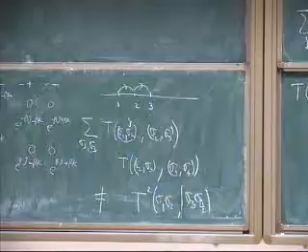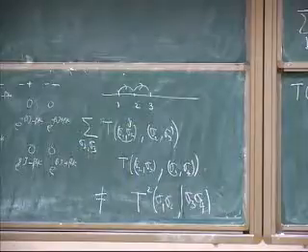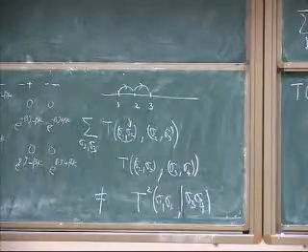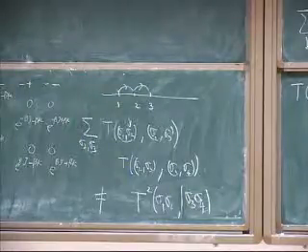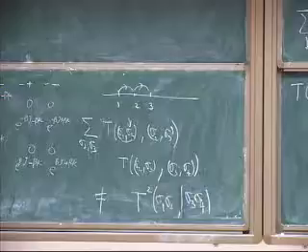It looks right because you have written here the interaction between 1 and 2, the interaction between 2 and 3, and the interaction between 3 and 4 is missing. This term was missing.